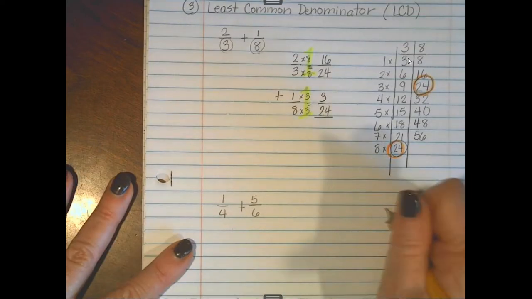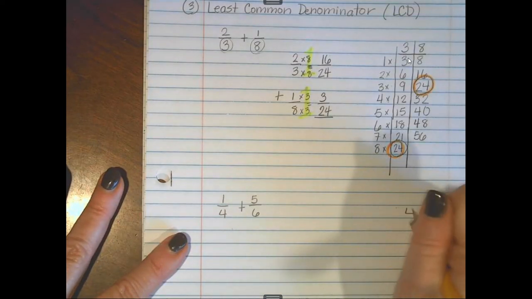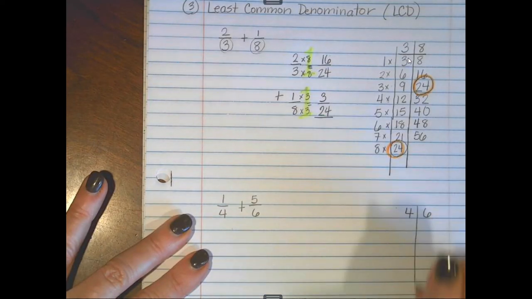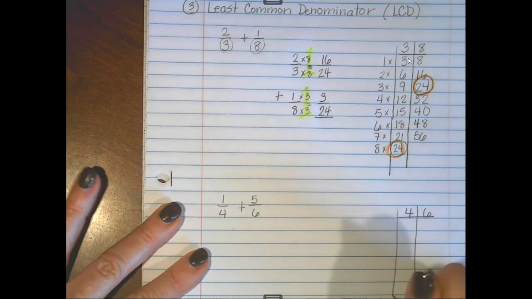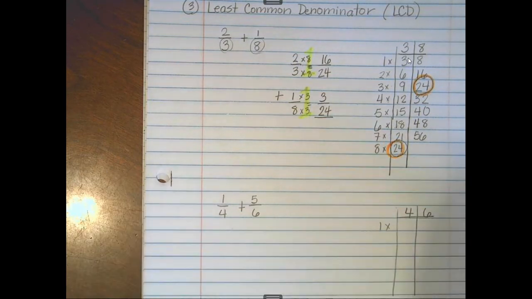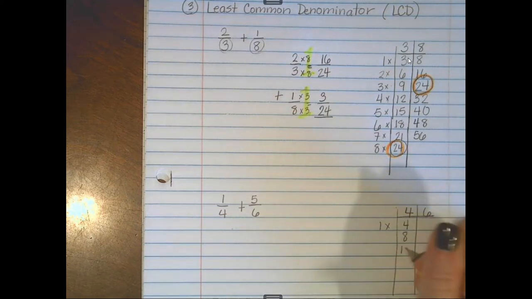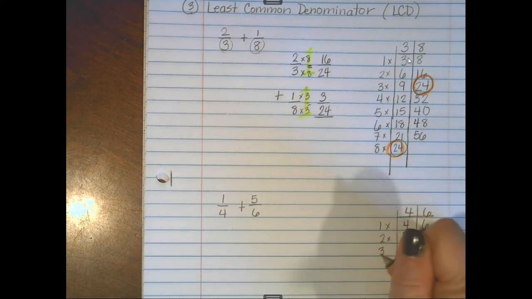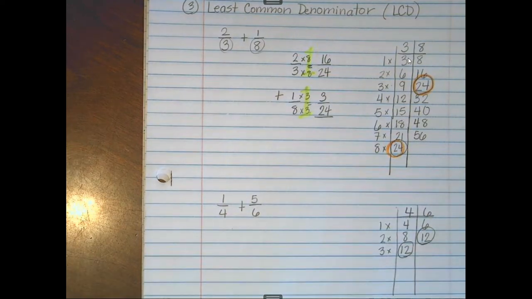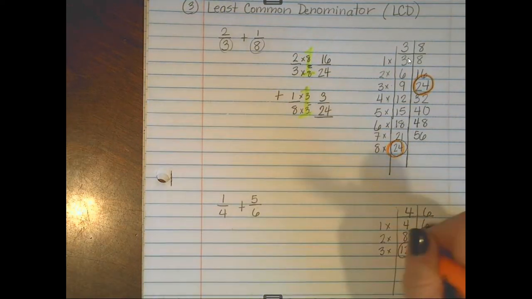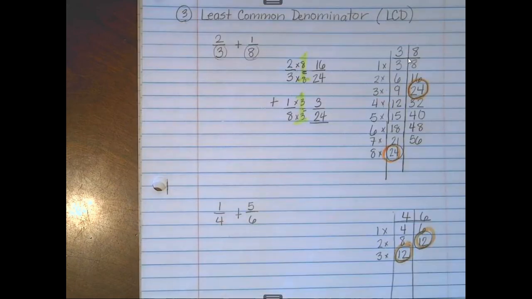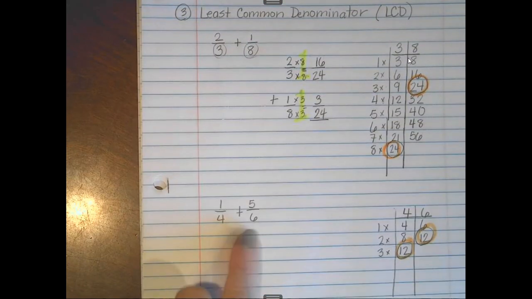So let's set up our list for 4 and 6. It's kind of like a little triple column list. So we're going to do 4, 8, 12, and I can stop right there because 6 and 12, so this would be 2 times and 3 times. So right here it is. The LCD, the least common denominator of 4 and 6 is 12, where the easiest common denominator would have been 24.